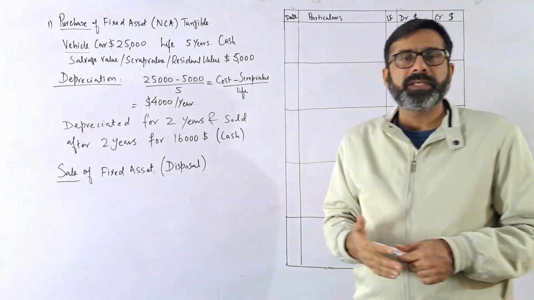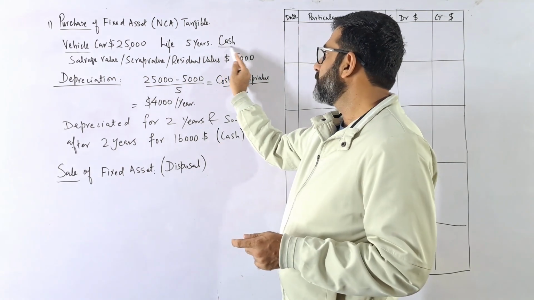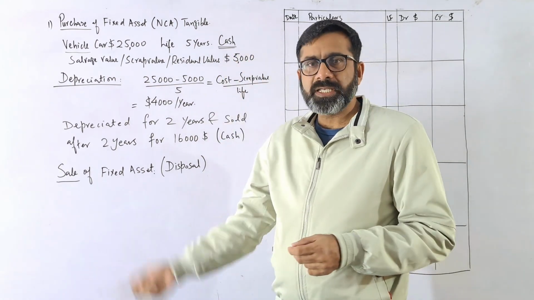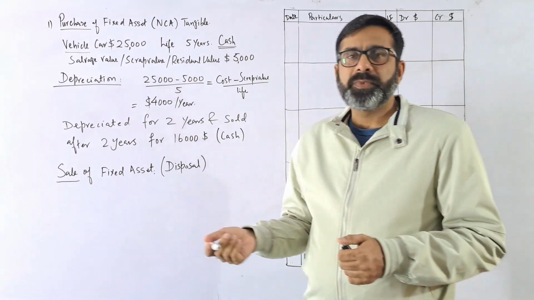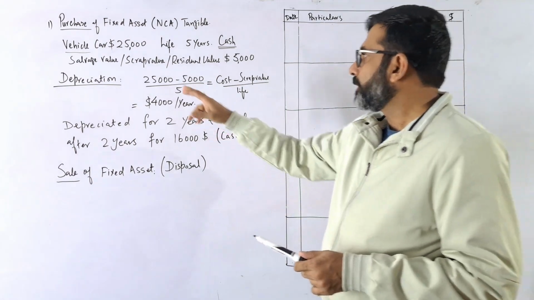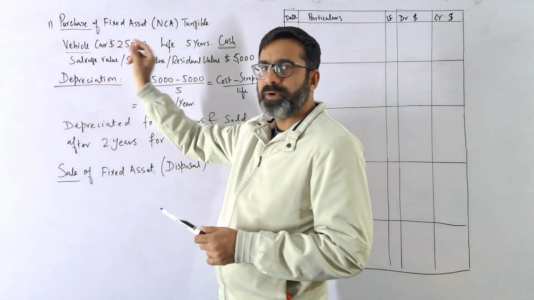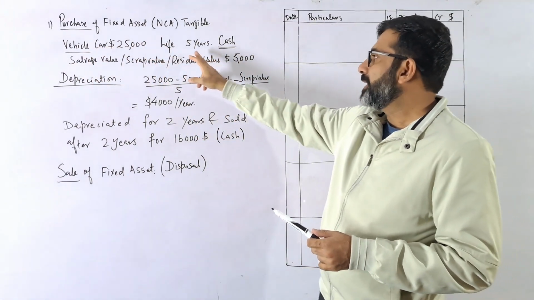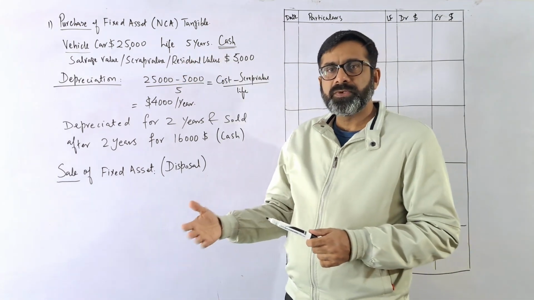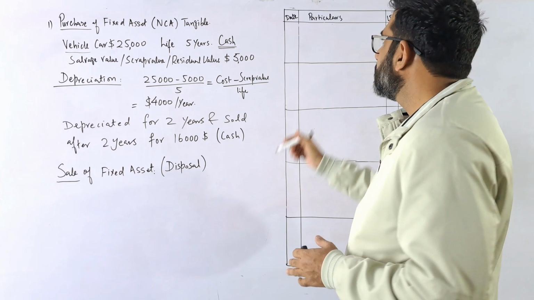The company purchased it on a cash basis, meaning they paid cash immediately. The vehicle is purchased for $25,000, with an expected useful life of 5 years. This is the first entry.